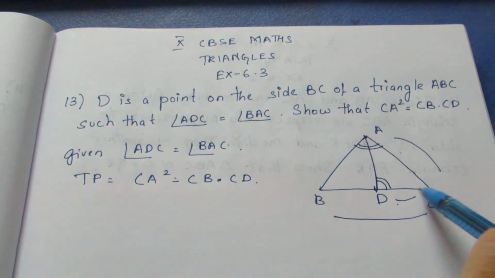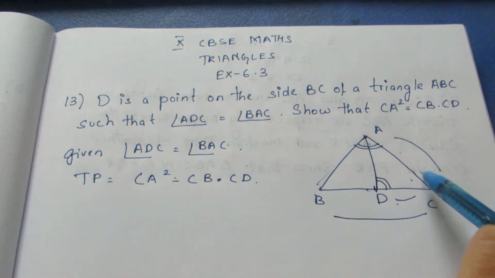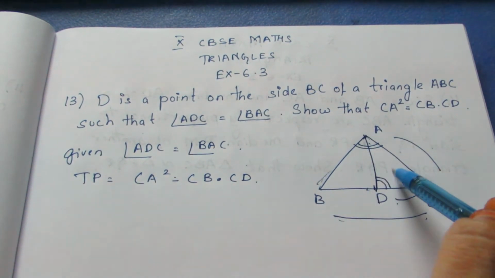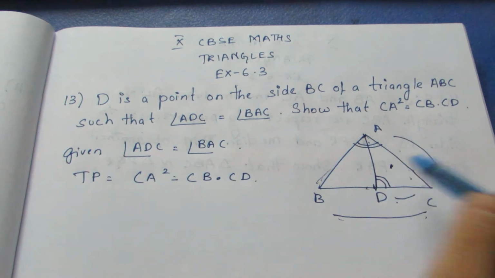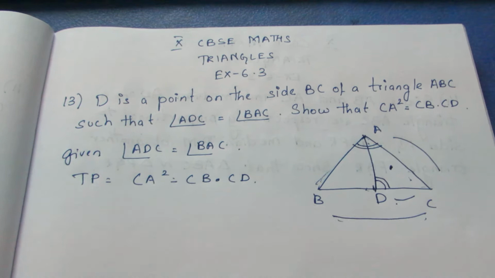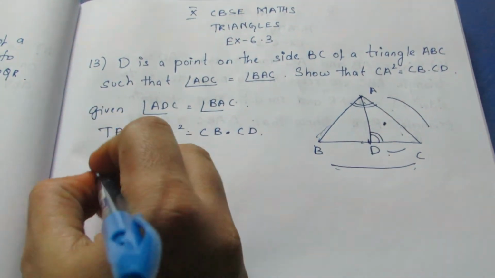So we are going to prove similarity, taking the smaller triangle and the bigger one, because we want a big side. Now let me check.